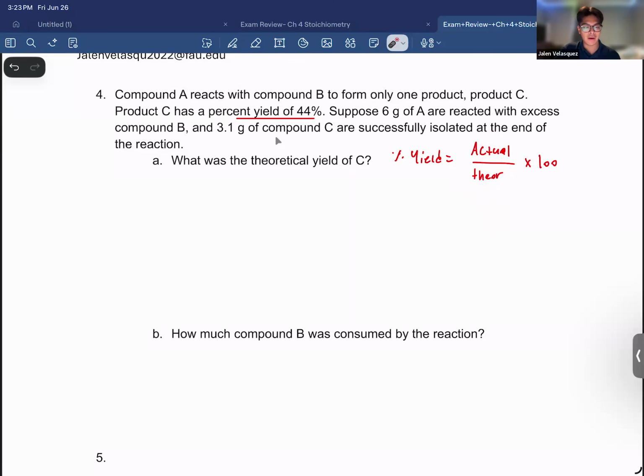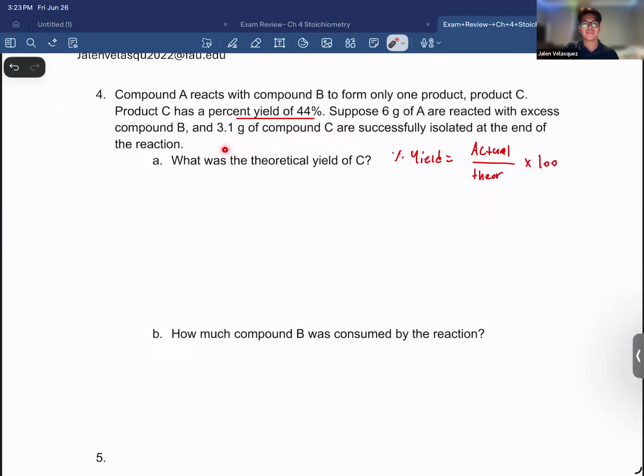So let's figure out how to solve for A. I need to figure out the theoretical yield of compound C. So that means that I have to be given the percent yield and the actual yield to be able to calculate this, right? So we have a percent yield, 44%, and then I say that the 3.1 grams of product C were successfully isolated.